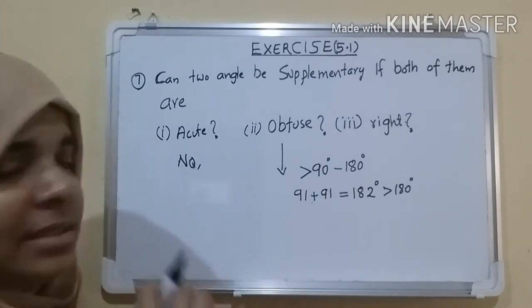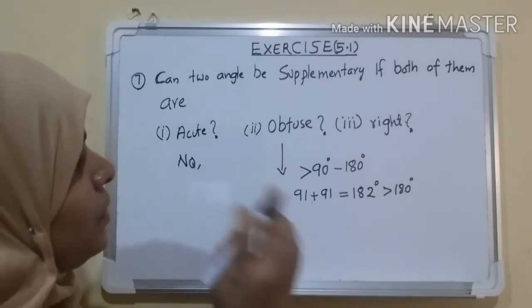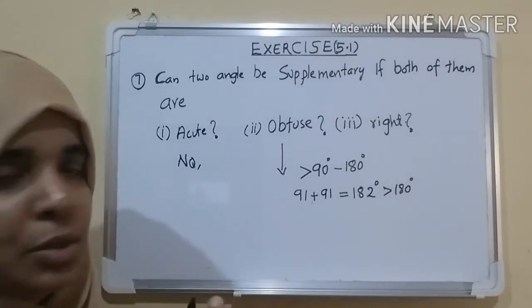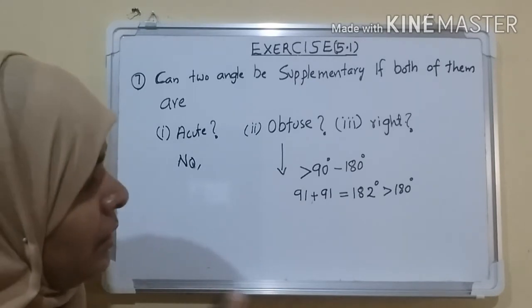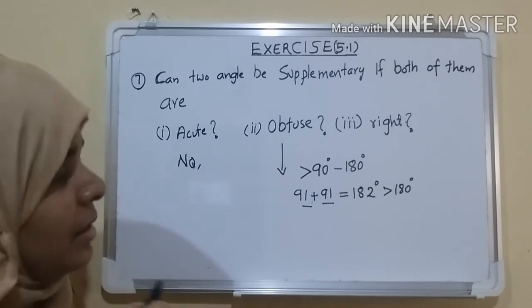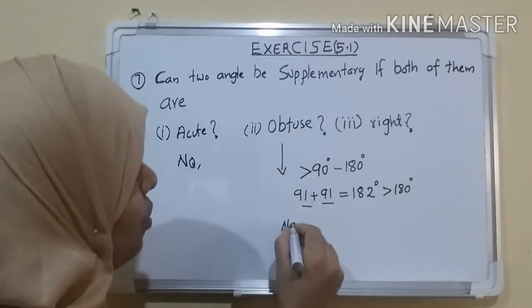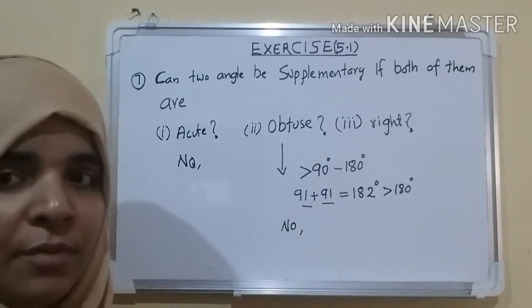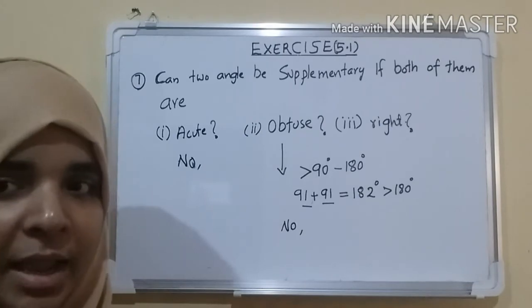So from this example we can clearly say that at any cost two obtuse angles cannot form supplementary angles, because the angle sum is always greater than 180. So this answer is no. Two obtuse angles cannot form supplementary angles.